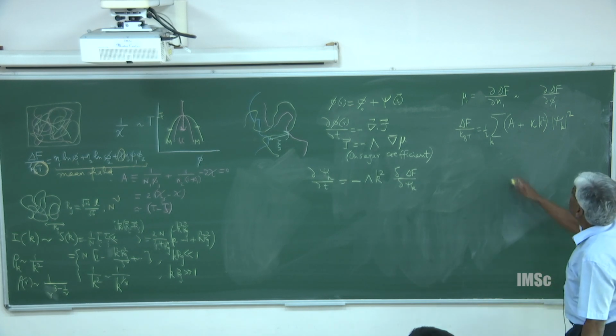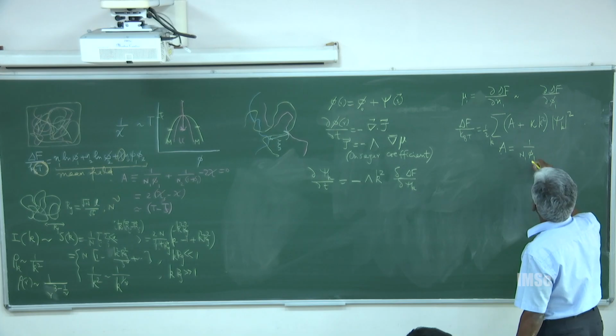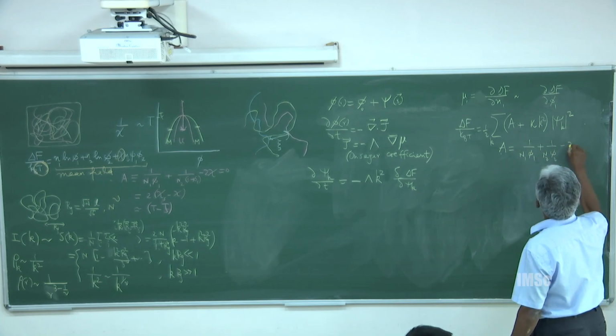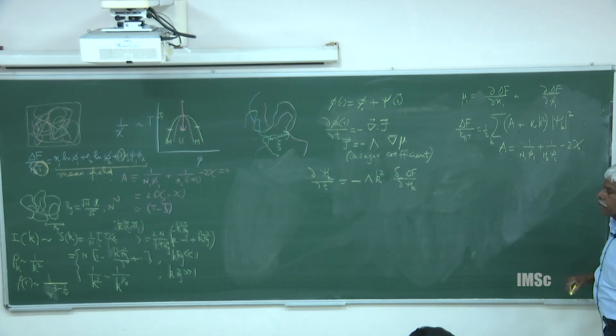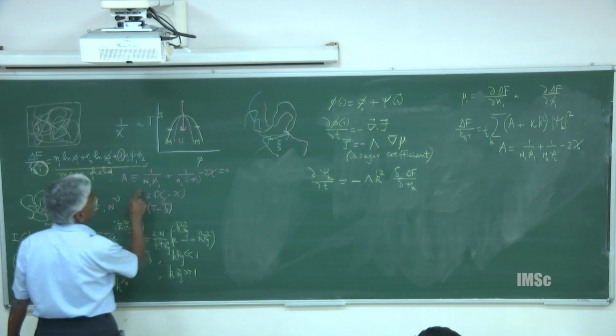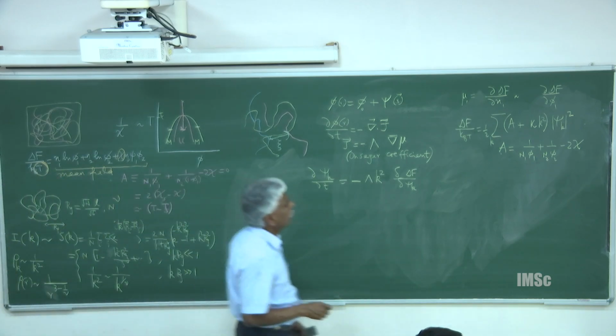All right, and then A we wrote down to be equal to 1 over n1 phi 1 plus 1 over n2 phi 2 minus 2 chi. Did I write down somewhere here? Maybe not. Yeah, here. Sorry, I forgot already. That's my A, same thing, and that goes like this.